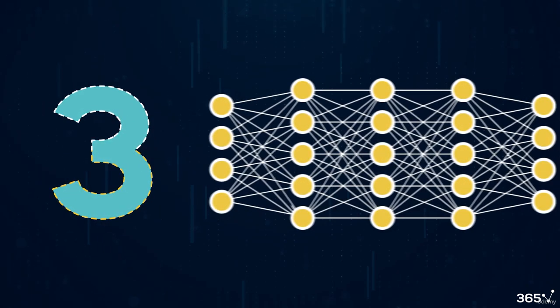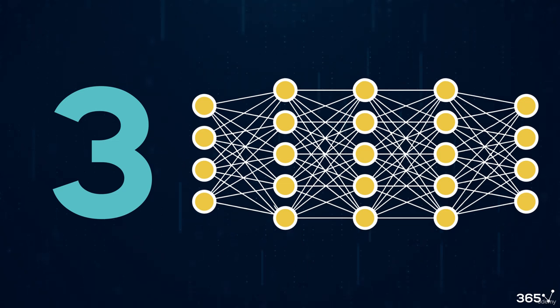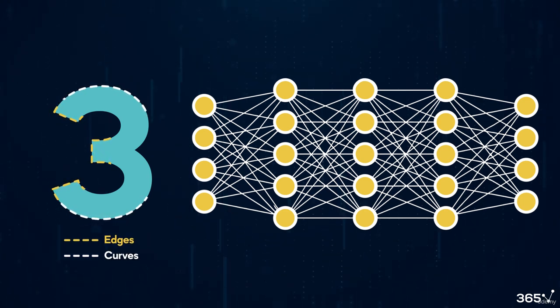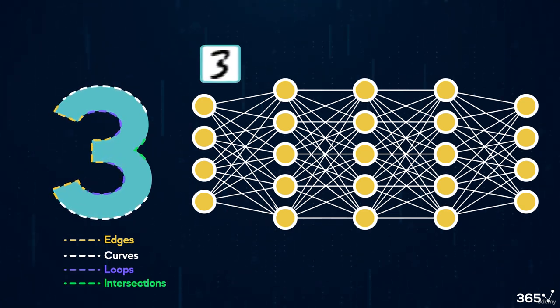The first hidden layer in our neural network might learn to recognize these features from the input data. Then, in the second hidden layer, we continue to build on the information processed by the previous one. We've identified edges and curves, and now we can use them to discern more complex shapes, like loops and intersections, bringing us closer to recognizing numerals.